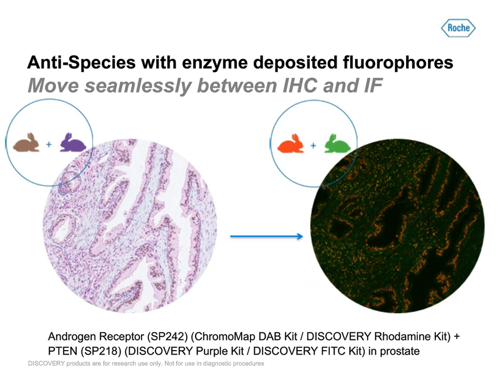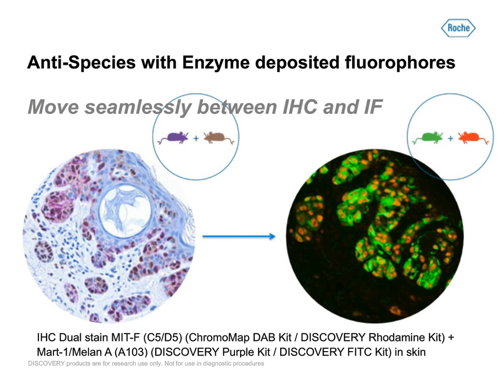And another example here, highlighting the fact that you don't have to worry about species cross-reactivity because you are eluting antibodies in between detection steps. So here we have 2 rabbits being detected on the same slide in sequence with no false colocalization. And here, the same, but with 2 mouse primary antibodies.